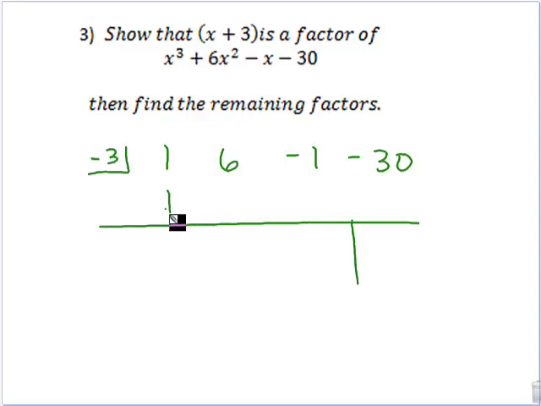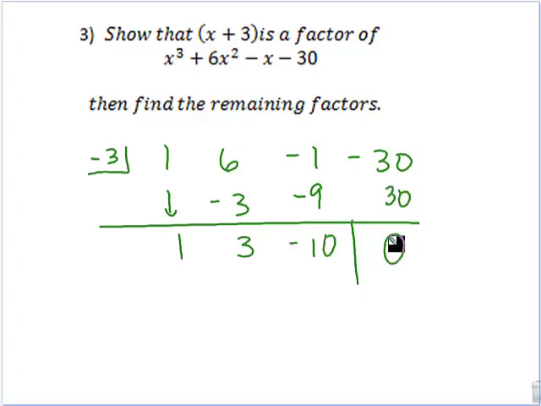So drop the 1 down. 1 times -3, yep, is -3. 6 plus -3, 3. 3 times -3, yep, -9. -1 plus -9 is -10. -10 times -3, positive 30.